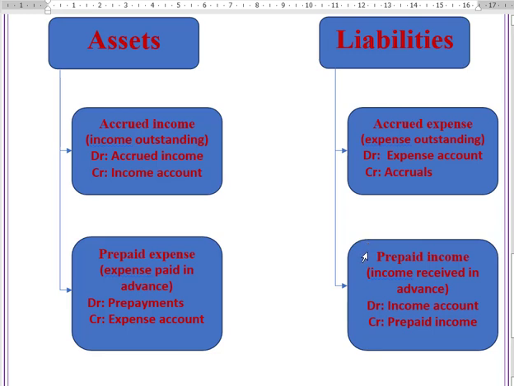They've given you the money even before you have earned it. That means the amount that they have overpaid by is a liability in your hands. And where that liability is increasing, you will credit your prepaid income and you will debit the relevant income account.